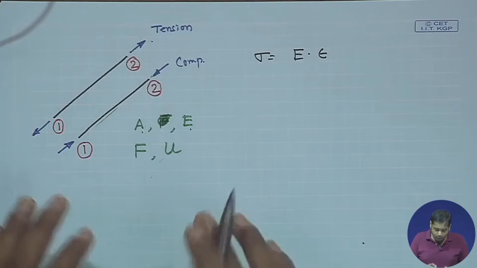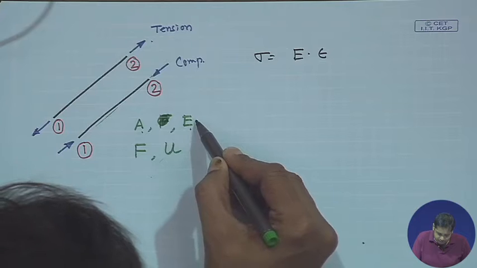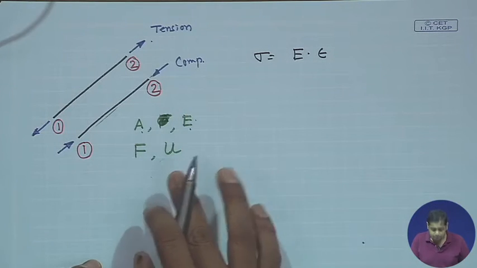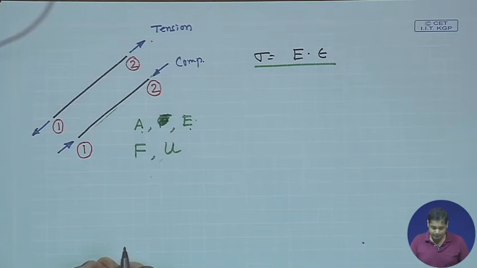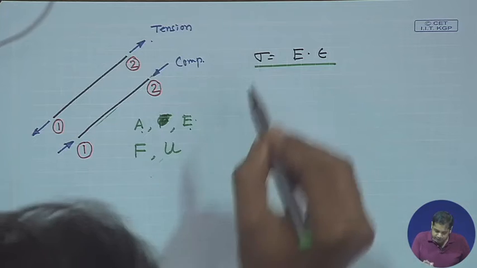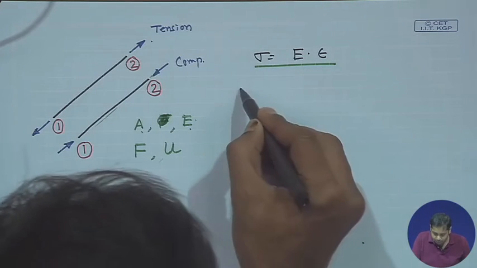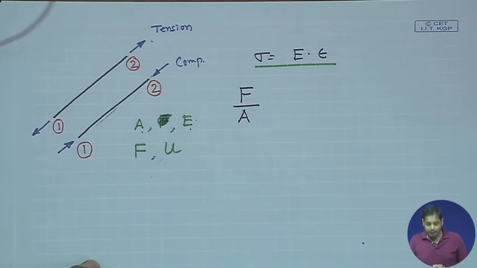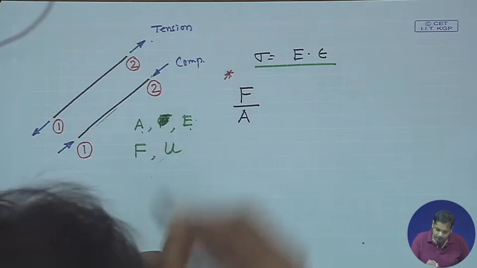Now, let us find out how all these parameters, the area, Young's modulus, force and displacement, are related to each other, and that relation we get from Hooke's law. So sigma, the stress, is equal to force by area. You can put a star mark here.